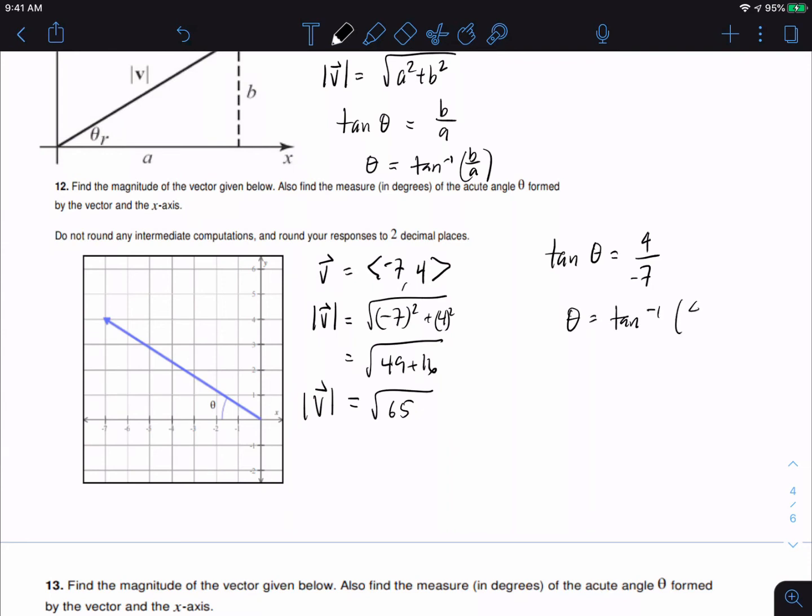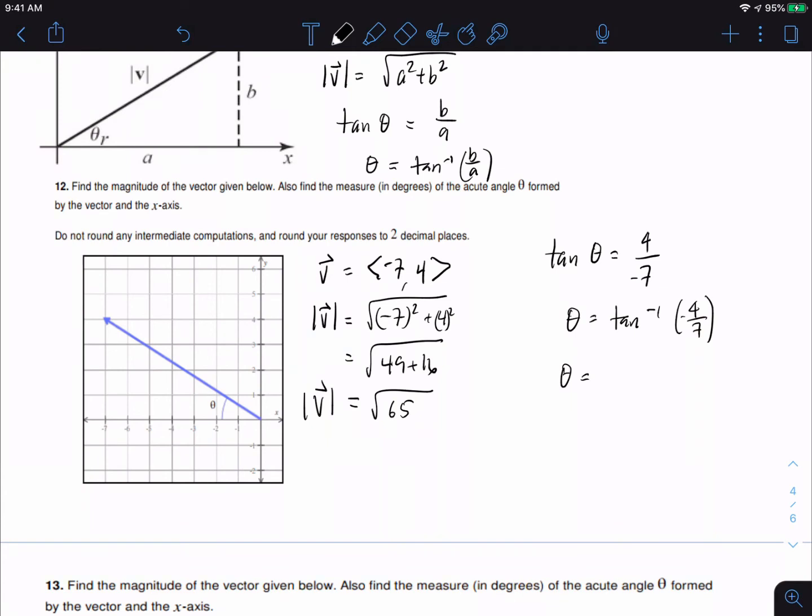And here we can do it in degrees. So what did you guys get with your calculators in terms of a reference angle? Pull out your calculators, see what you get.